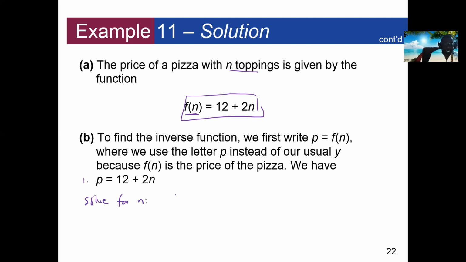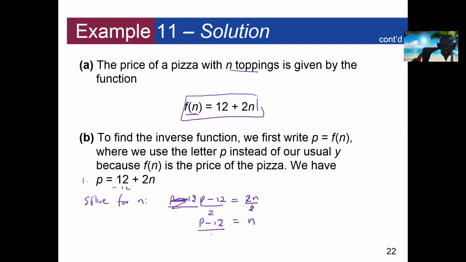We subtract 12 from both sides, you get P minus 12 is equal to 2n, and divide both sides by 2. Then we have n is equal to P minus 12 over 2.